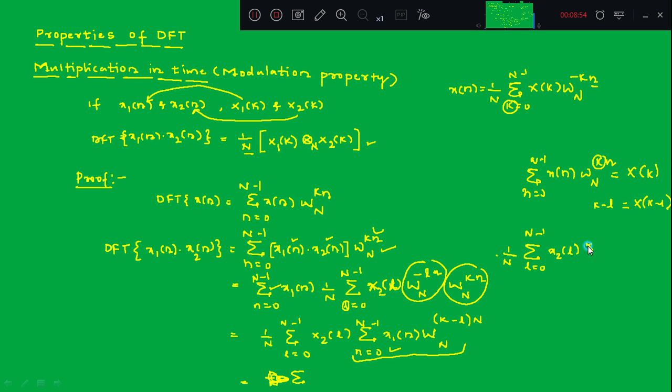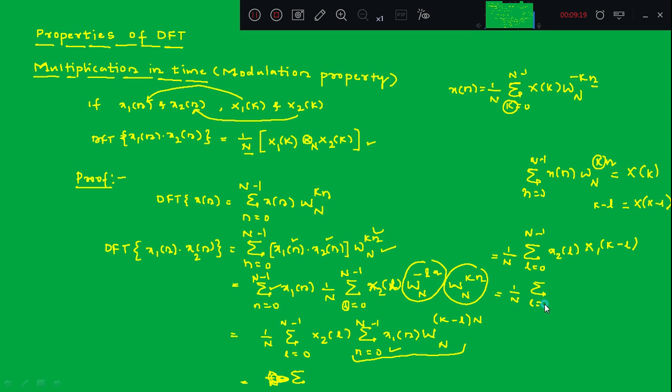X1 of k minus L, right? And if you see the definition of circular convolution in time, it is 1 divided by N, summation L is equal to 0 to n minus 1, x2 of L, and here it is x1 of k minus L.